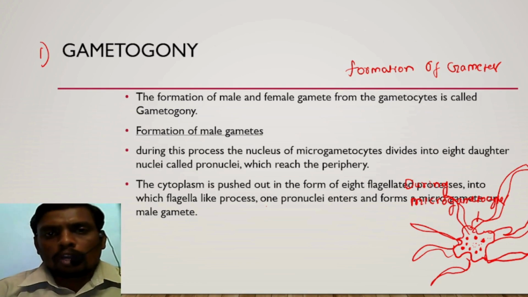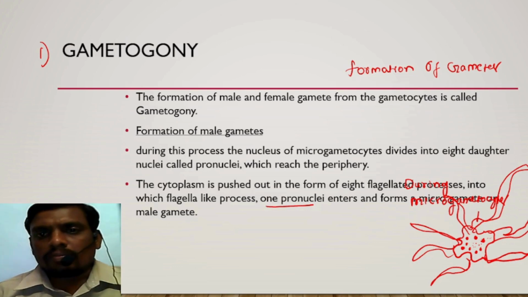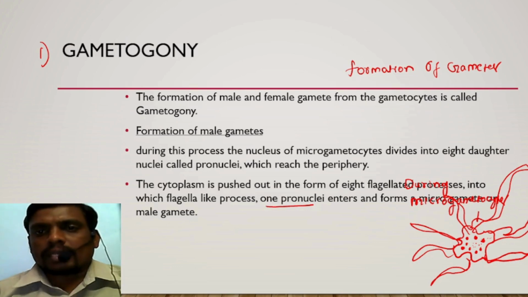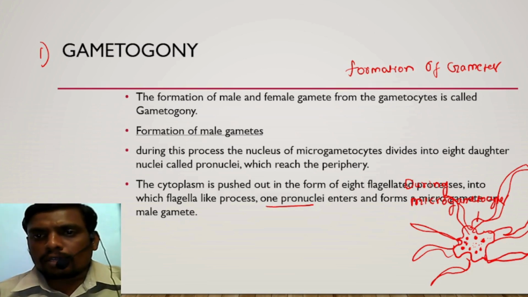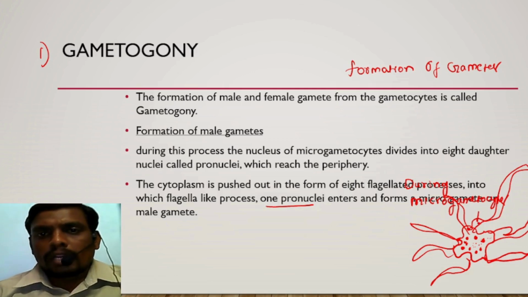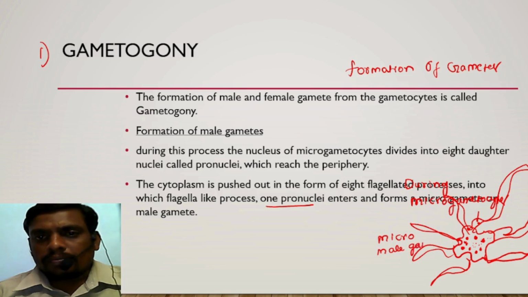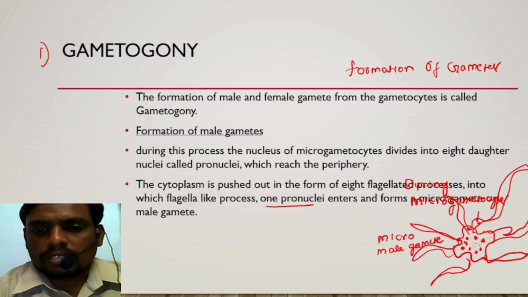Now one pronucleus enters into each and forms a microgamete. One pronucleus enters into it and forms one microgamete. Microgamete is also known as male gamete.